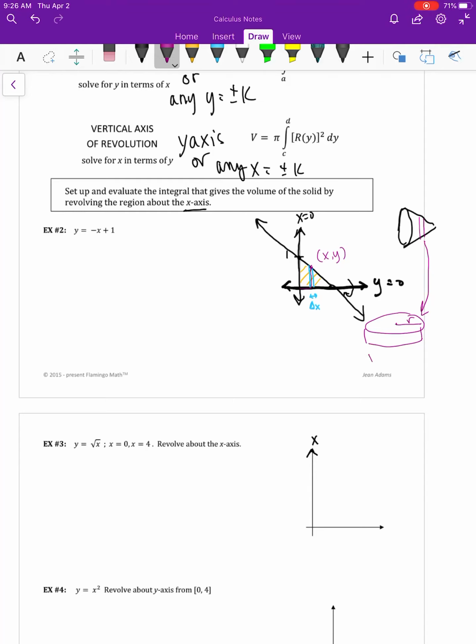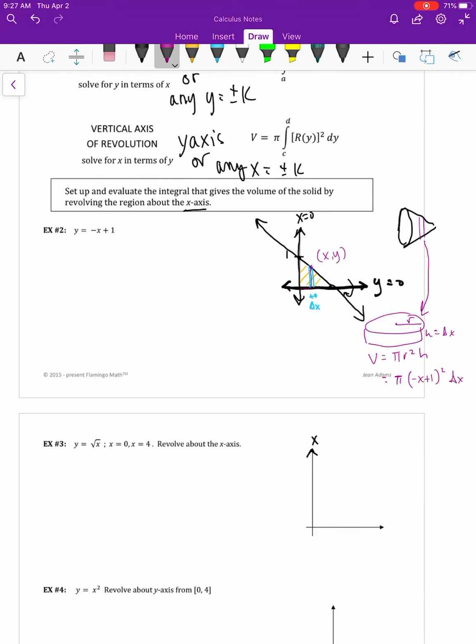So we want to find the volume of this. This would be pi r squared times the height. So this is pi, and the y of it is -x plus 1, squared, and then your height is going to be your delta x.